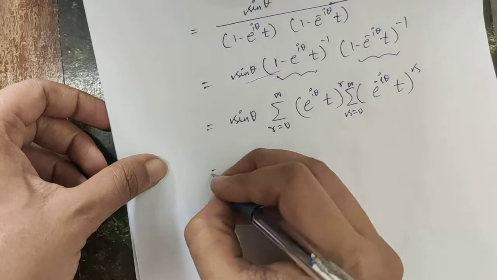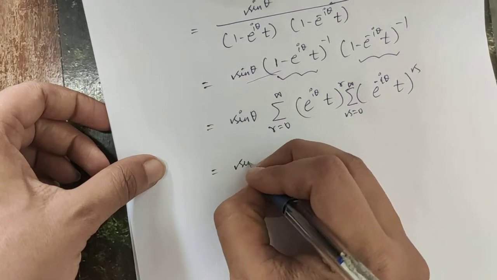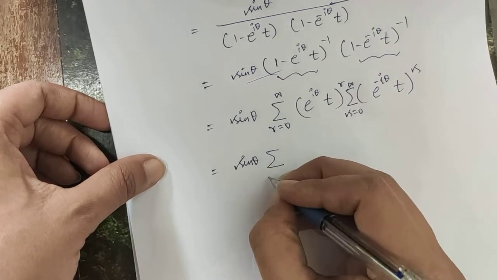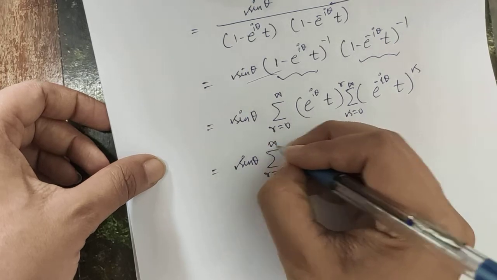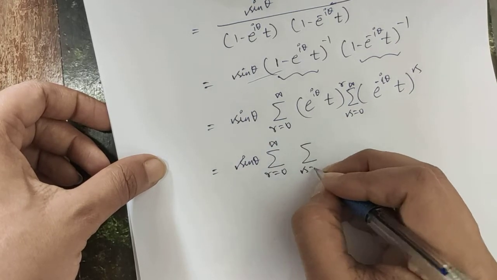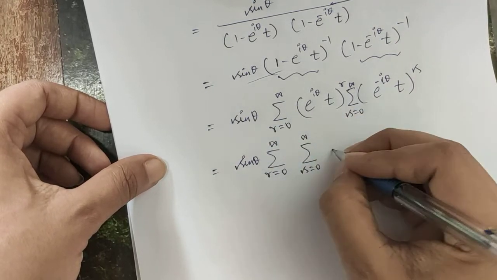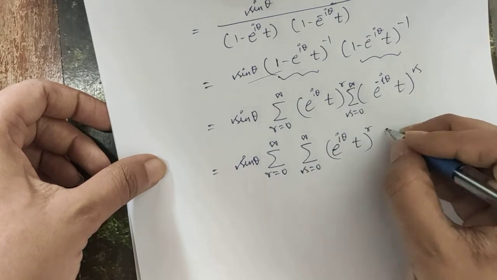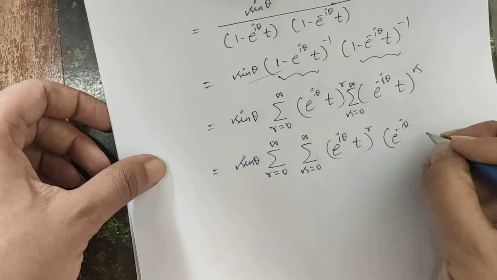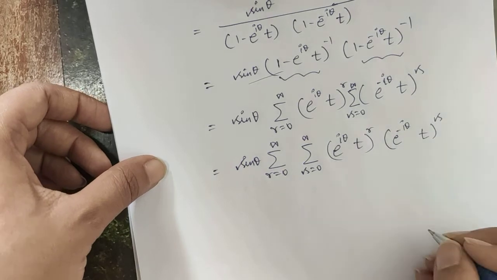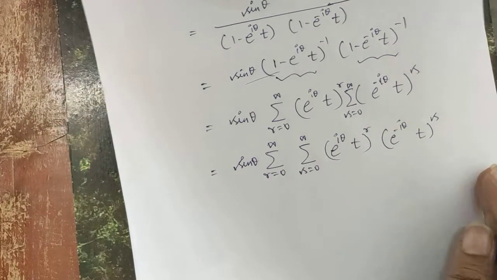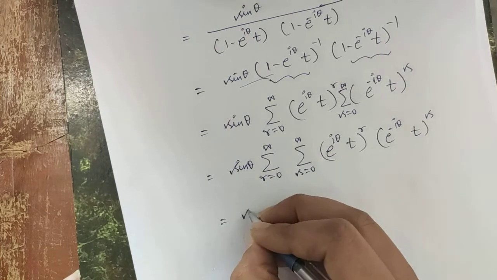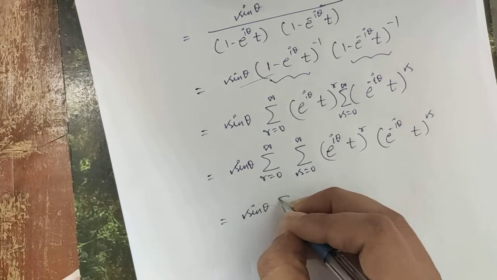So this is nothing but sin theta into summation r is equal to 0 to infinity, summation s is equal to 0 to infinity, e power i theta into t power r, e power minus i theta into t power, whole power s. So again let's simplify this.